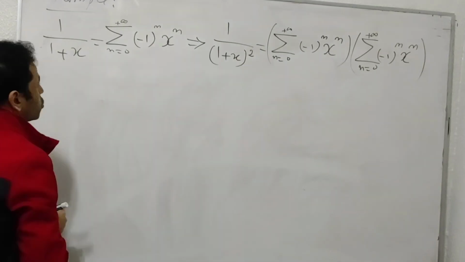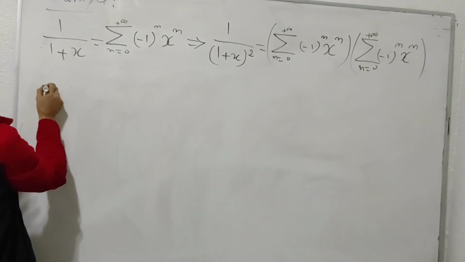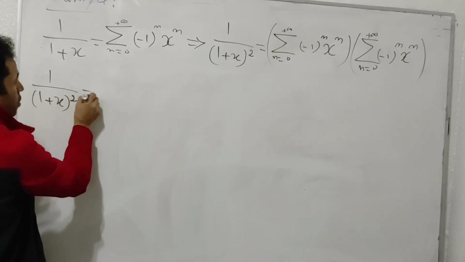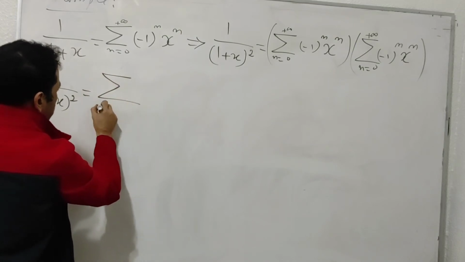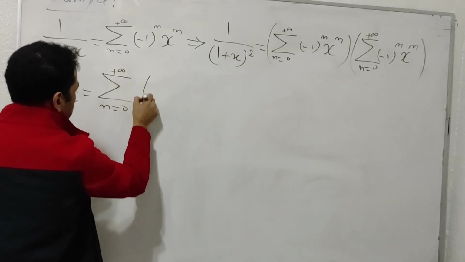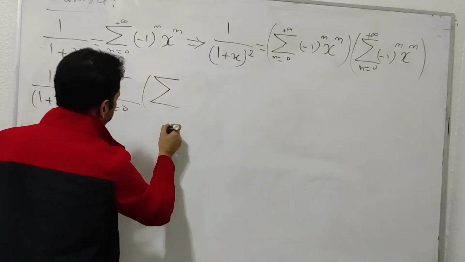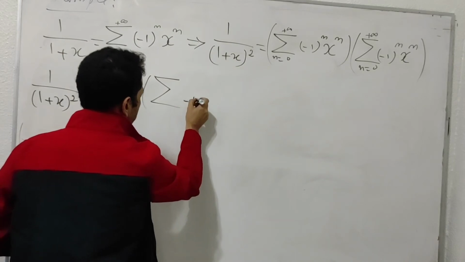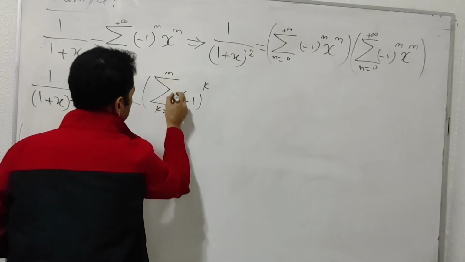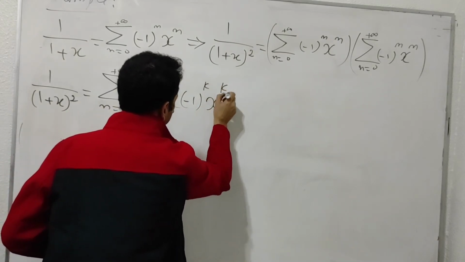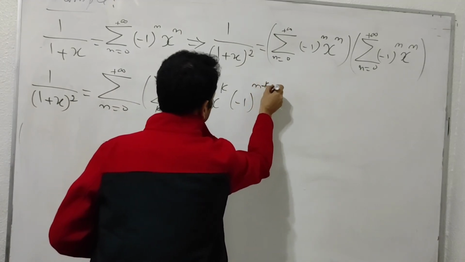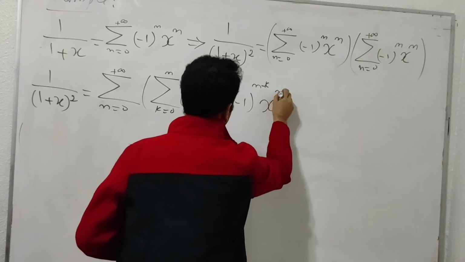Now, by applying the Cauchy product of these power series, 1 over 1 plus x quantity squared is giving us the sum as n goes from 0 to plus infinity, multiplied by another sum. The first term I will have is minus 1 to the k, as k goes from 0 to n, multiplied by x to the k, multiplied by minus 1 to the n minus k, multiplied by x to the n minus k.